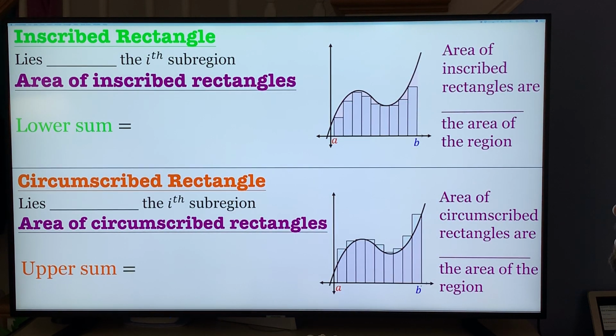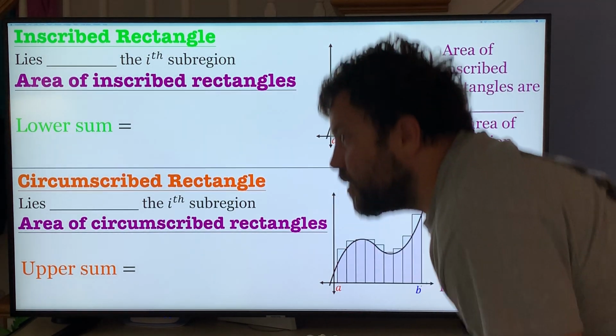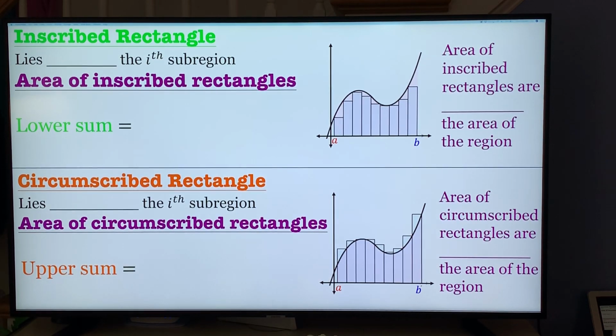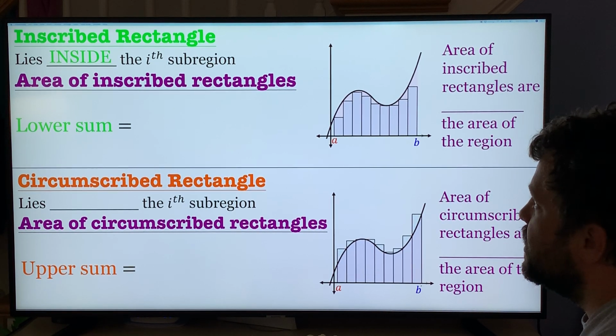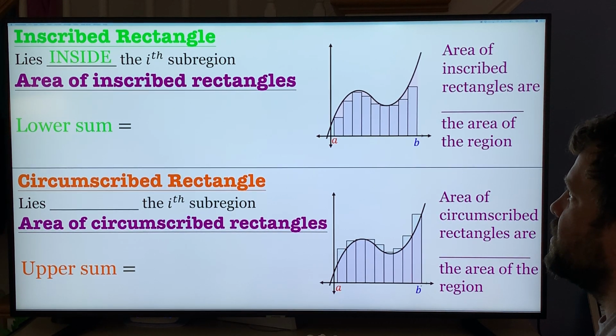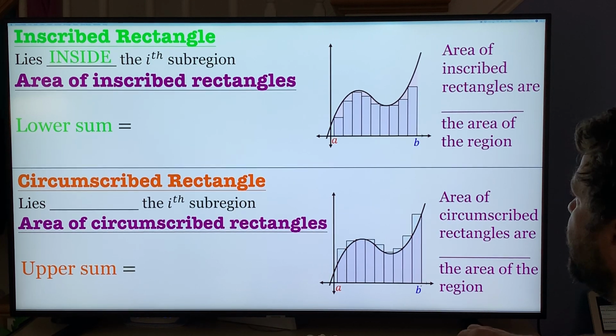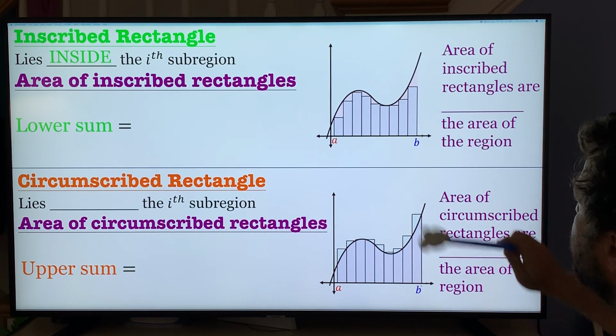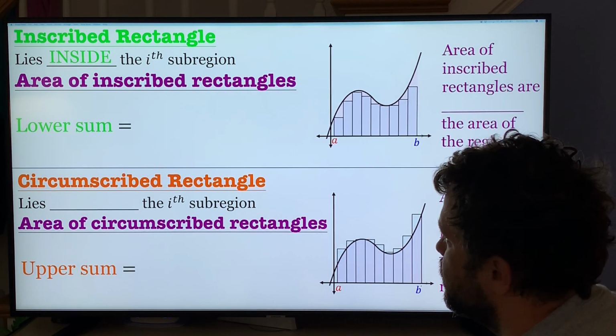Now, going over this, there are two types of rectangles, and we went over this back in chapter 2. So, first one, your inscribed rectangle. It lies inside the i-th subregion. So the area of inscribed rectangles. So inscribed means it's pretty much under the curve.